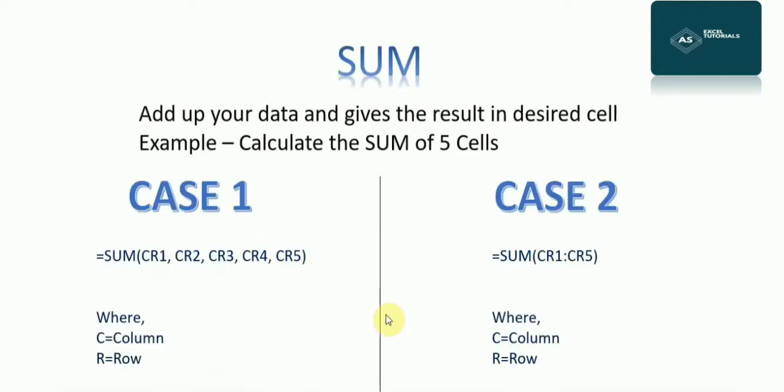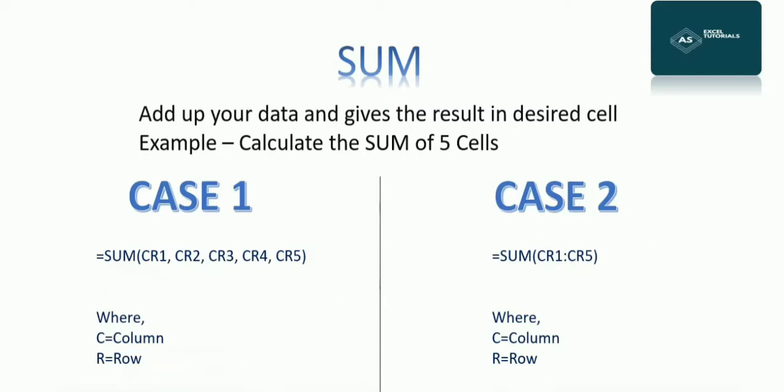Now let's talk about sum. What does sum do? It adds up your data and gives the result in the desired cell. Here we are taking an example of 5 cells. We need to calculate the sum of 5 cells. There are 2 cases with the help of which you can calculate the sum.